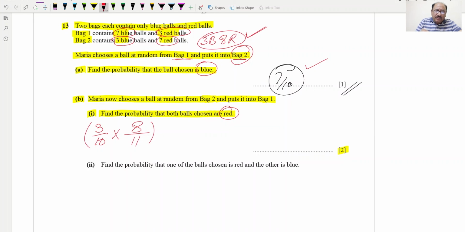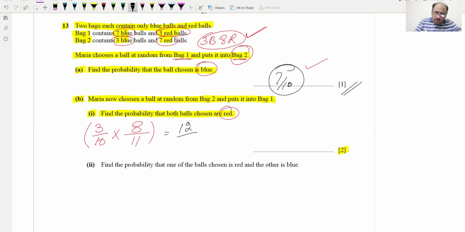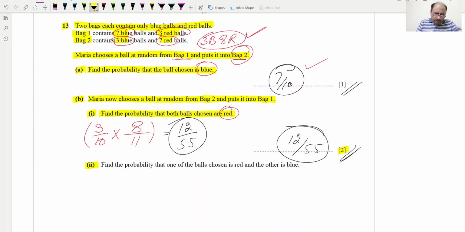This will be the probability for both balls to be red, and hopefully you understood this. If we simplify, this will be 3 over 10 multiplied by 8 over 11, and this is equal to 12 over 55. So 12 over 55 is the probability for both to be red, and this is a 2-mark question.